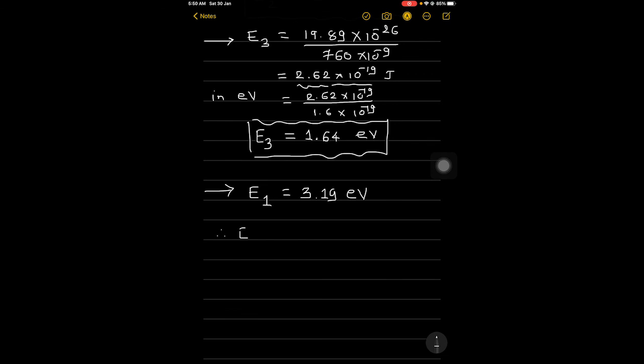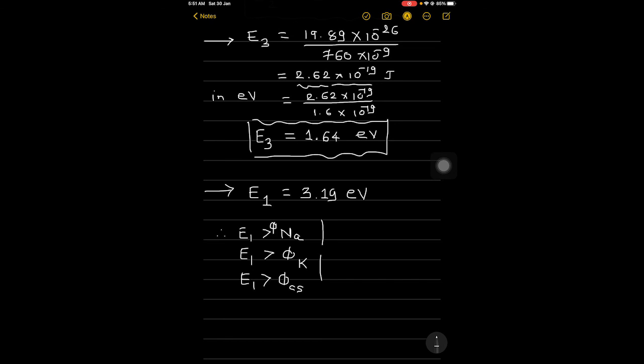So E1 is greater than the work function of sodium, which is about 2.75 electron volt, or E1 is greater than the work function of potassium, that is about 2.30 electron volt, and E1 is greater than the work function of cesium, which is about 2.14 electron volt.